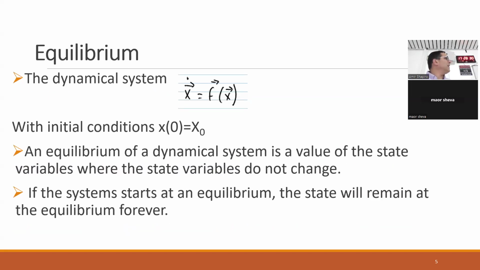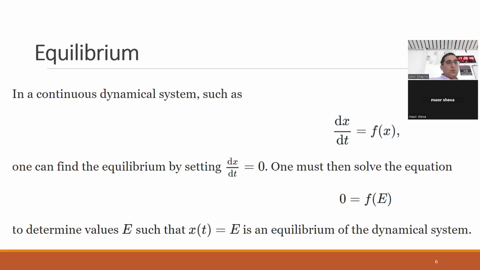So if the dynamical system is in an equilibrium state, the system does not have velocity. Therefore, x dot has to be 0, and therefore f of x has to be 0 in equilibrium. So, in a continuous dynamical system, x dot equals f of x.